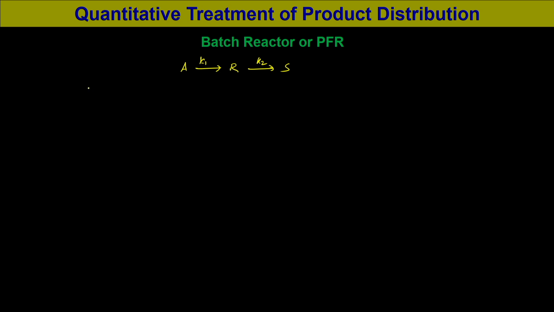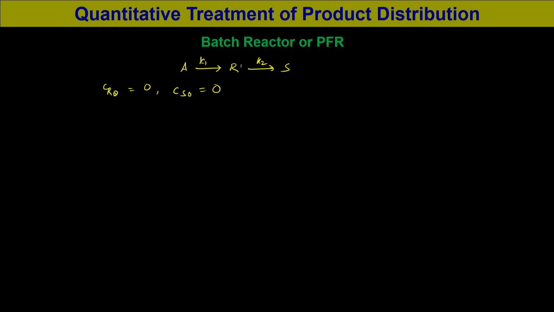The assumptions here are C R naught is equal to 0, C S naught is equal to 0. So, we can use the space time and the reaction time interchangeably for the batch reactor and PFR.